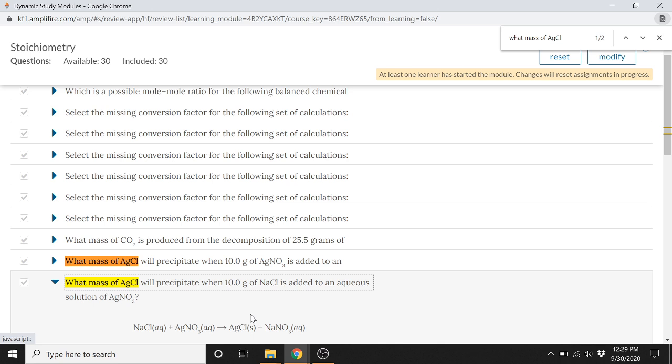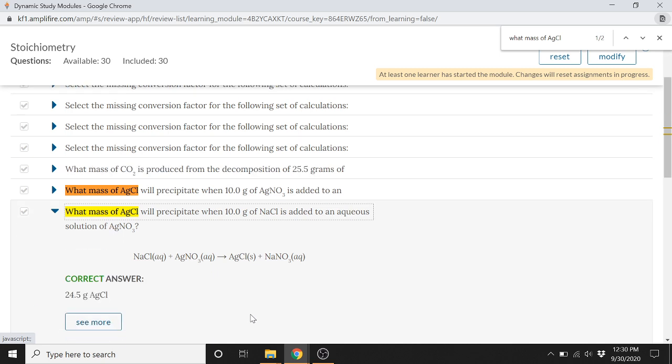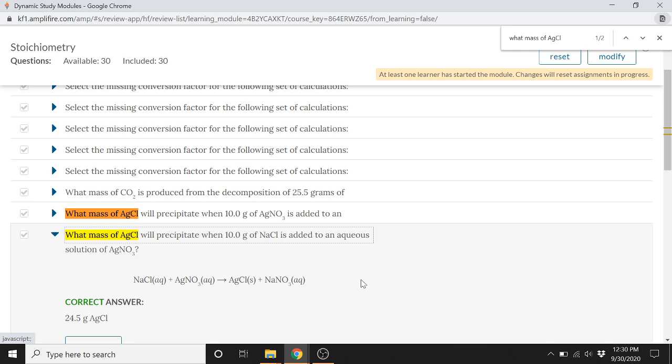Exactly right. So then you take your moles of AgCl and multiply by that molar mass, so that moles cancel and leave you in grams. And that should give you 24.5. Yeah, you got it.